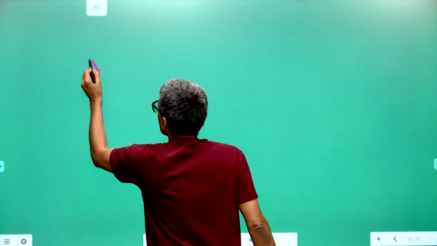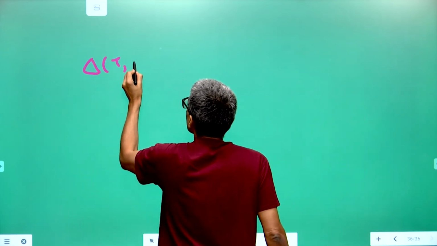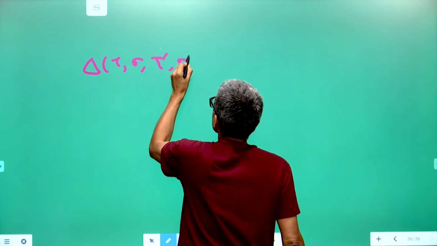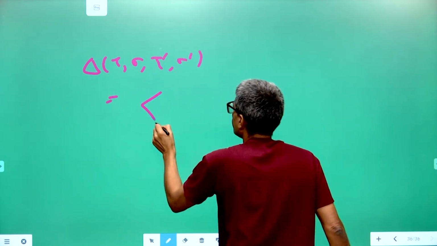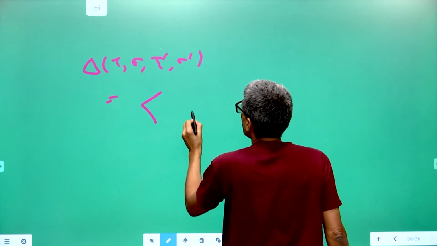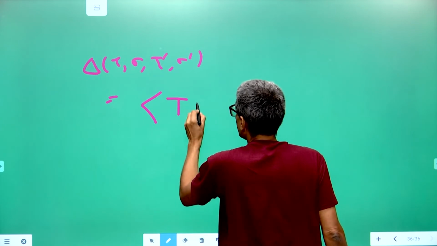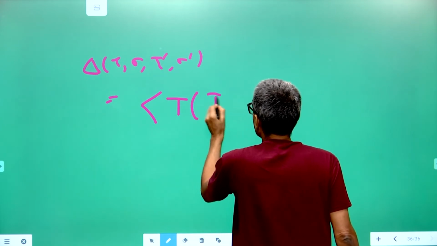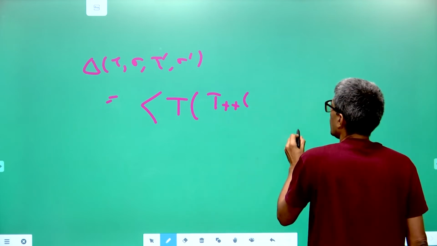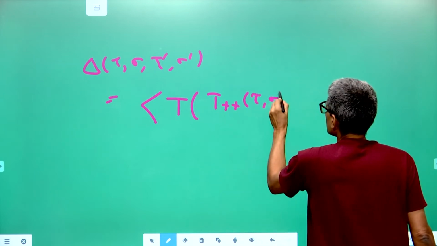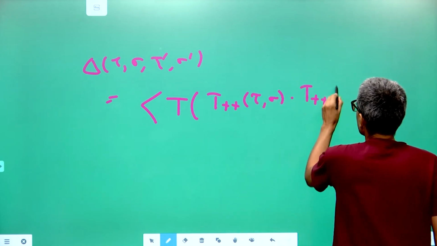By Wick's theorem, you have to calculate the correlator at tau sigma, tau dash sigma dash. This is nothing but the vacuum expected value of T plus plus at tau sigma into T plus plus at tau dash sigma dash.